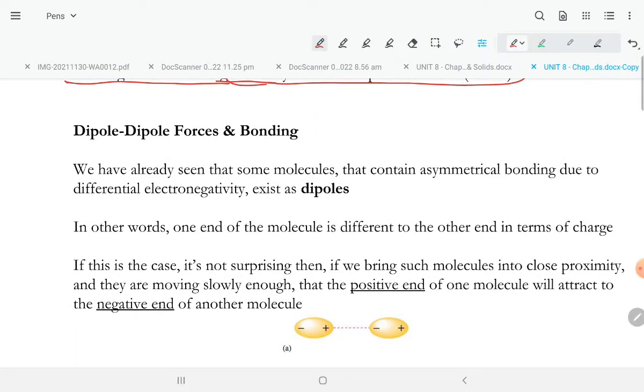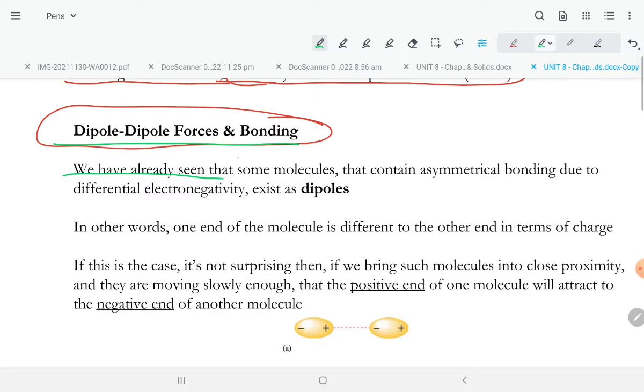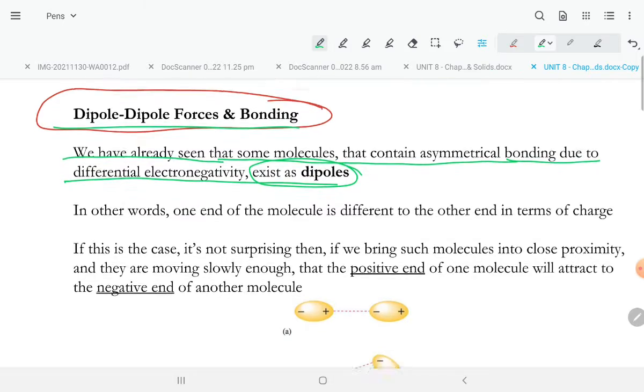Okay, dipole forces. We are going for dipole-dipole. We have already seen that some molecules contain asymmetrical bonding due to differential electronegativity and exist as a dipole.